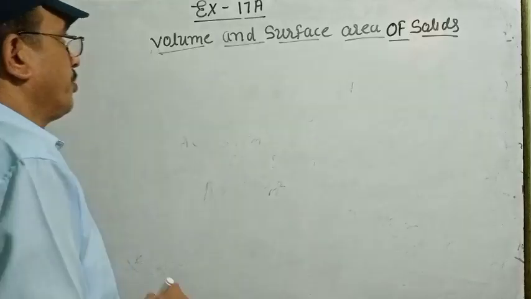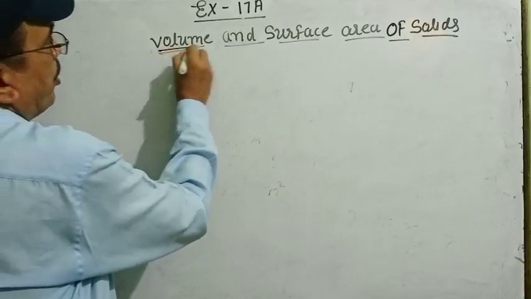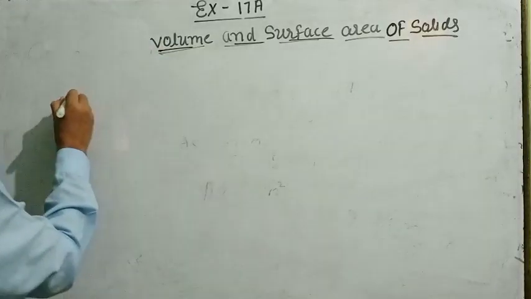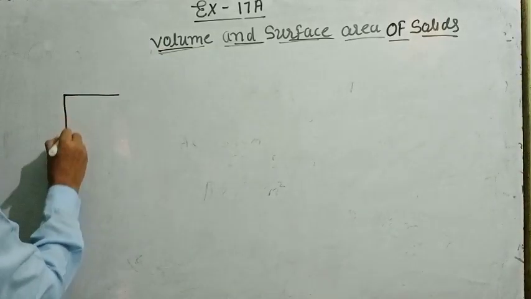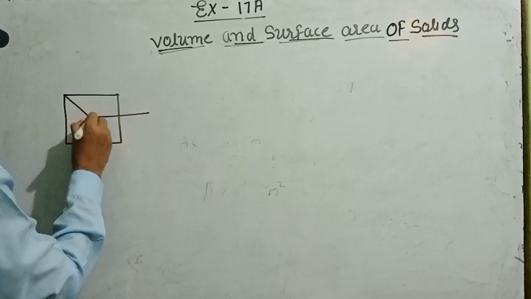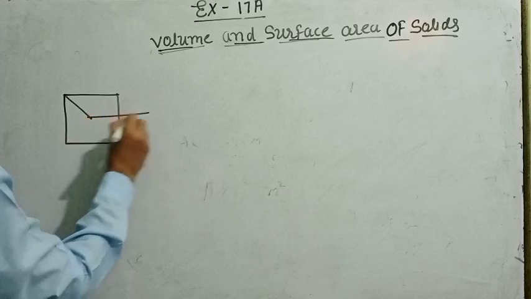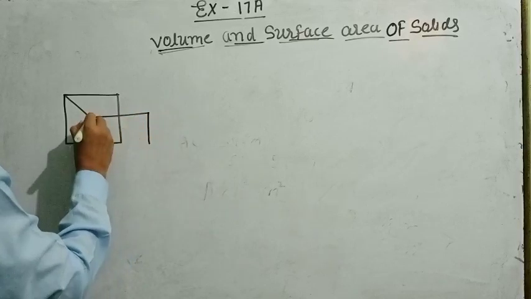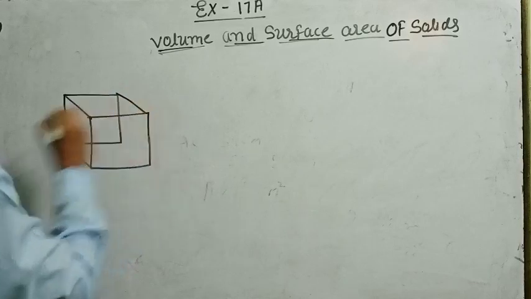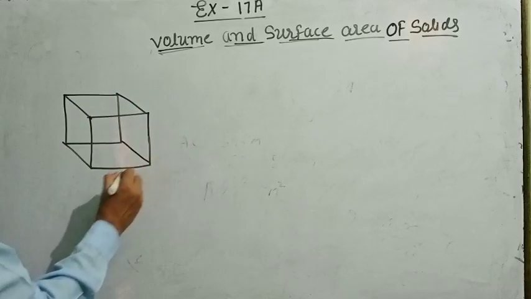Here is the first topic, the volume and surface area of solids. Starting with the cube, it is a solid figure whose all six faces are in the form of a square, and each side has equal length.